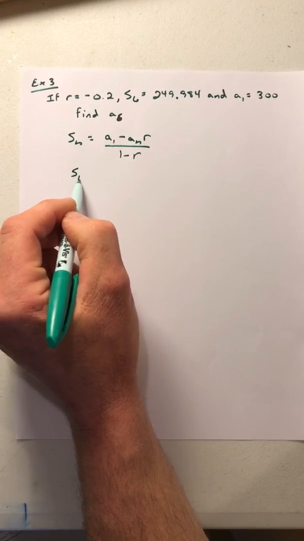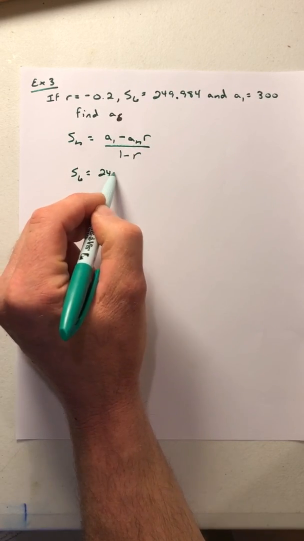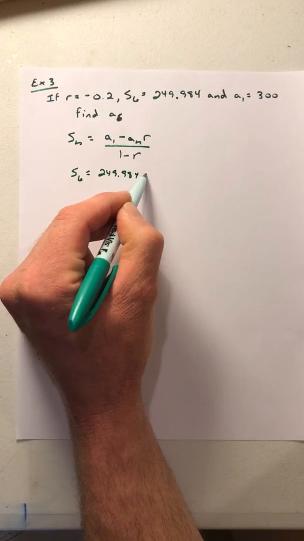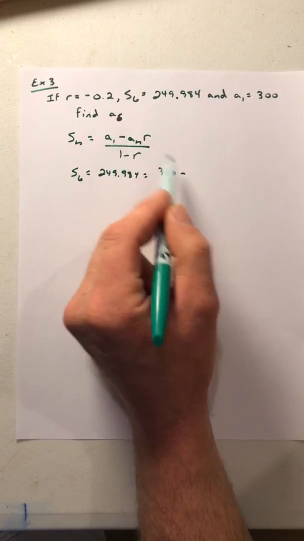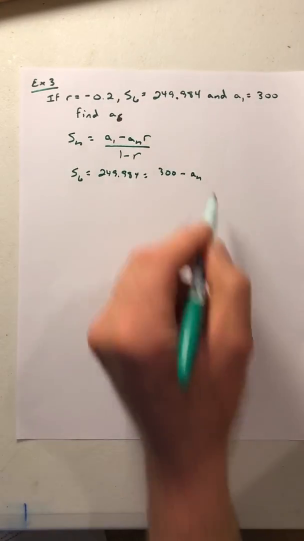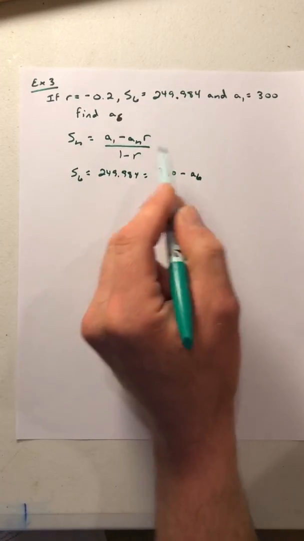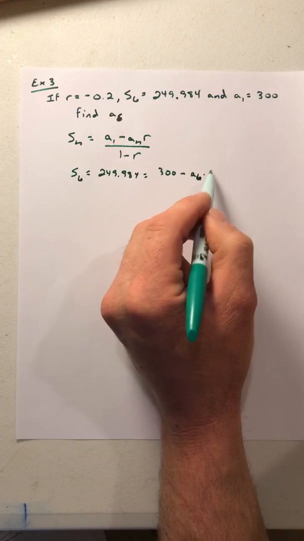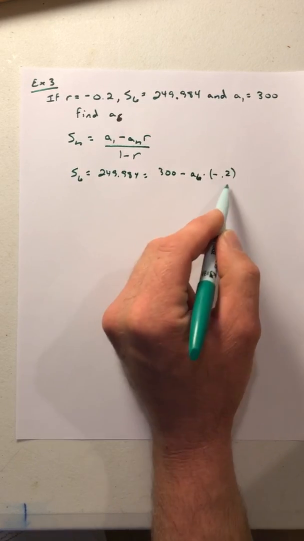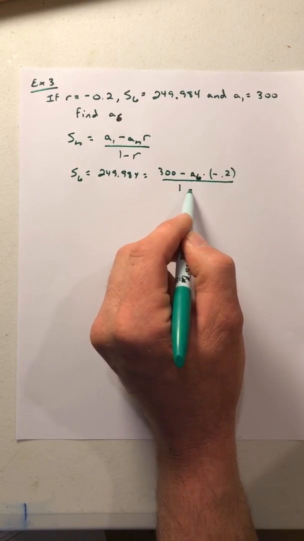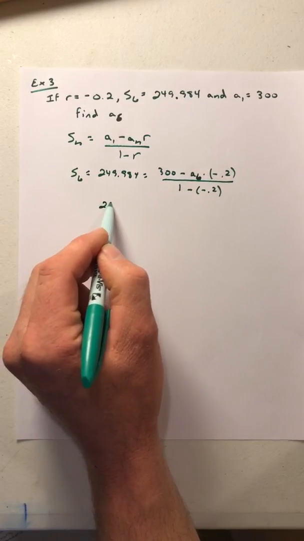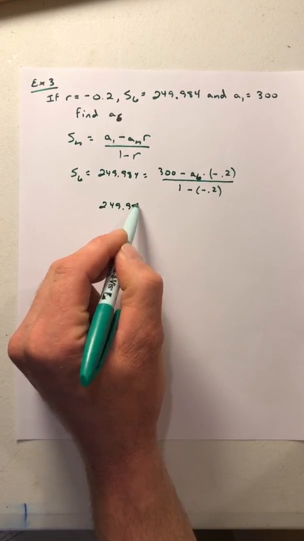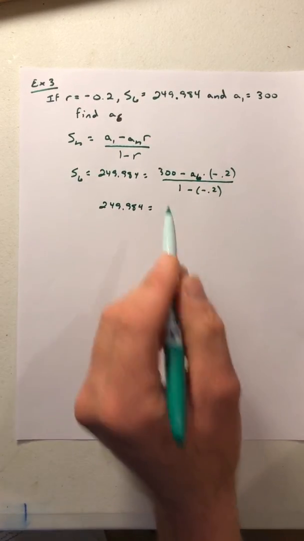We know the sum of the 6 terms is 249.984. We know the first term was 300. We don't know that last term, a of 6, times that ratio, which is negative 2/10, over 1 minus negative 2/10. Now we can solve this equation to find our a sub 6.